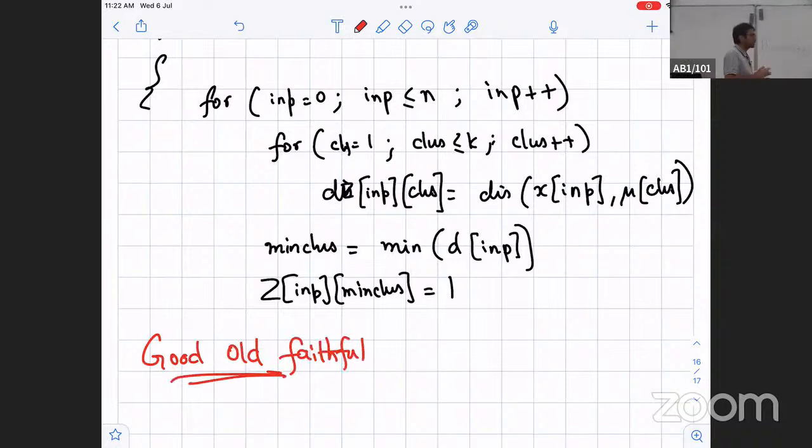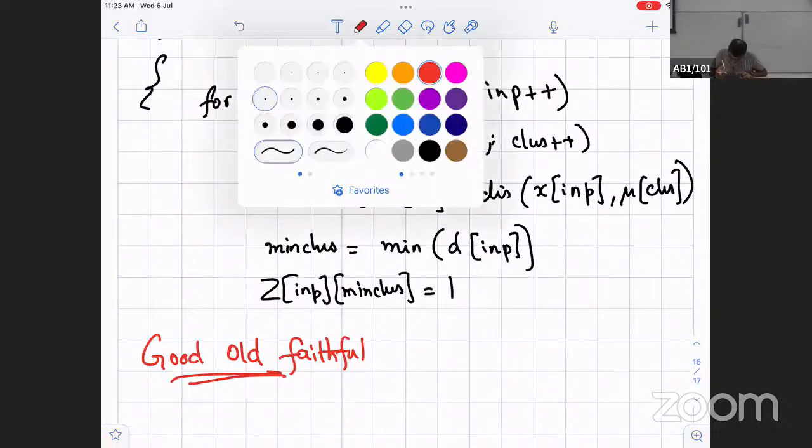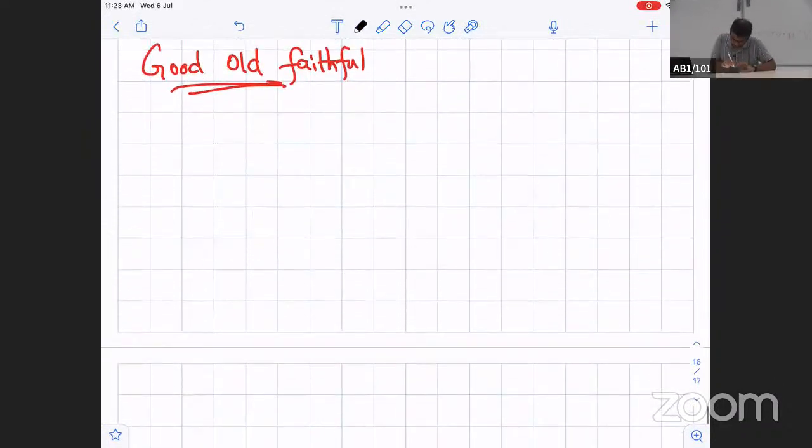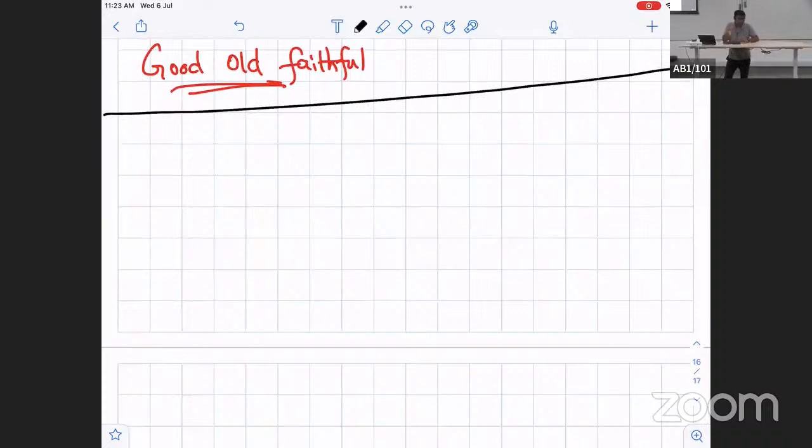If you have understood the algorithm, I don't think there is any problem. That is going to be one of your second things to do during the lab. So this is k-means.